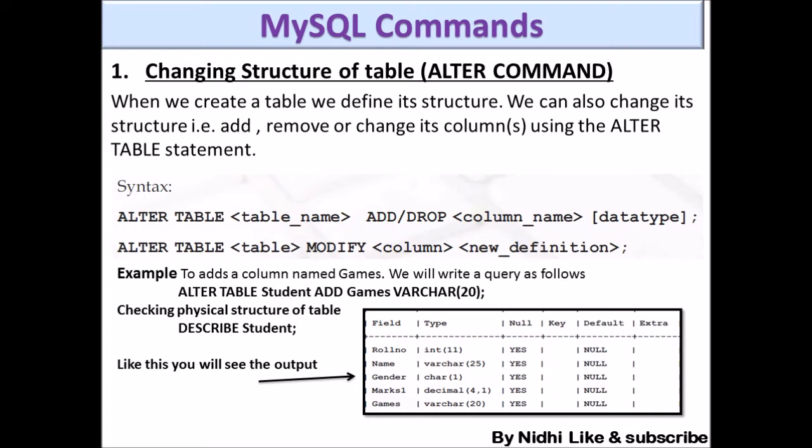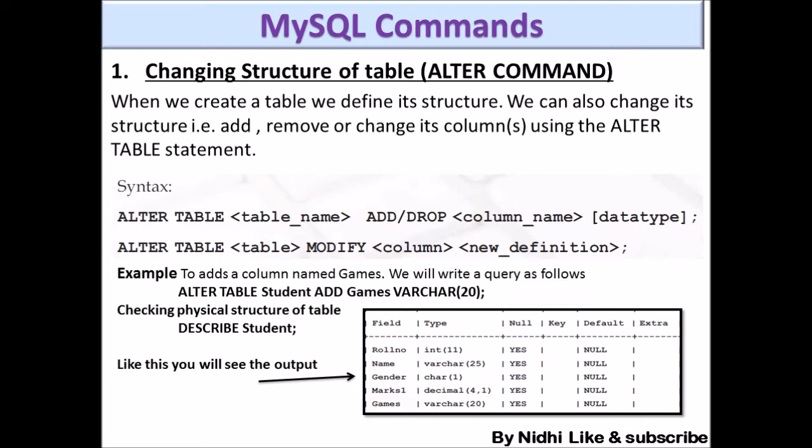To change the structure of a table, we will use an alter command. When a table is created, we define its structure, and we can change it. When we are creating a table, we are creating the number of columns, and that, without values, is known as the structure of the table, that is, what kind of data type it contains for those particular columns.